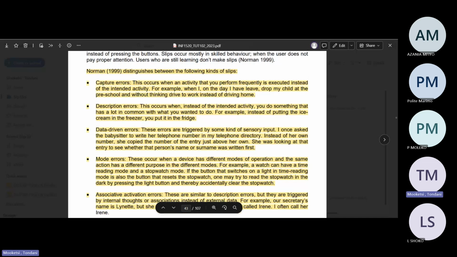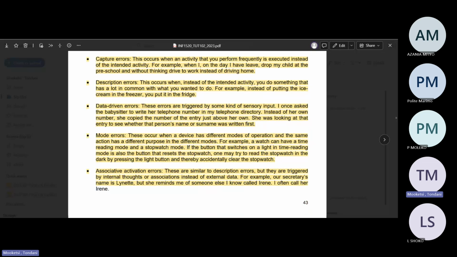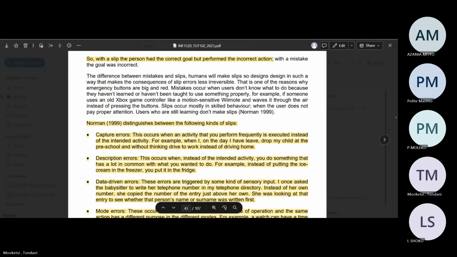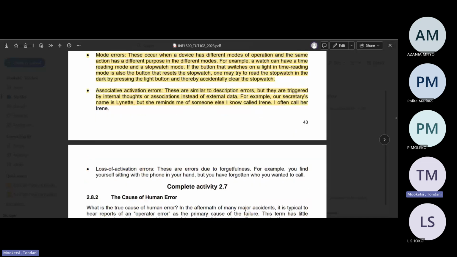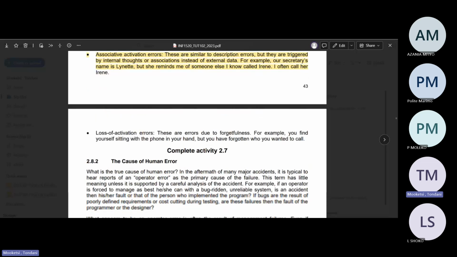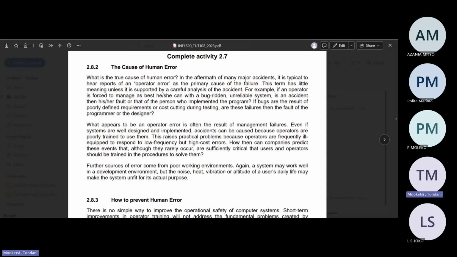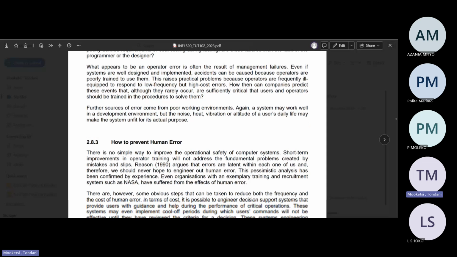You must know that there are capture errors, description errors, and what each of them are, and be able to identify the examples. Mode errors, data-driven errors, all of those, you need to understand the different kinds of sleeps. So I think that is all about human issues that you need to understand.